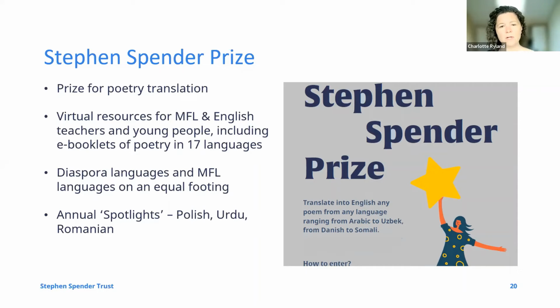We've also worked hard to put diaspora languages and modern foreign languages, the ones that are traditionally taught in school, on an equal footing. Part of the way that we've done this is through having annual spotlights for languages that are widely spoken in the UK, for example, Polish, Urdu and Romanian over the past 3 years.